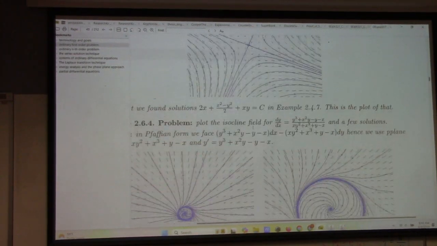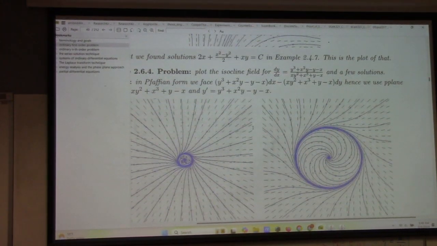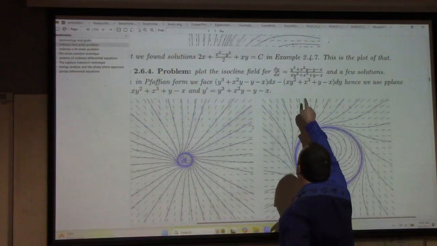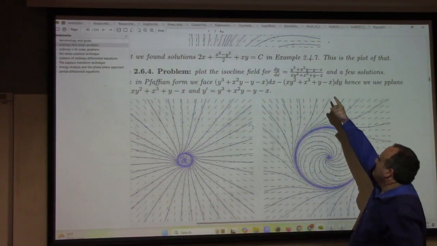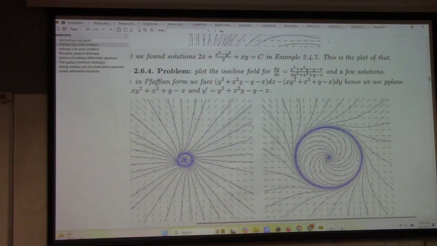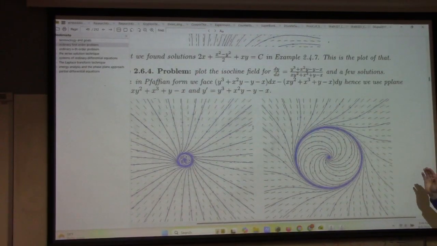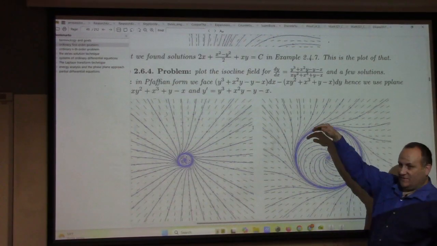And this one I like. Check this out. So here's dy dx equals x cubed plus x squared y minus x, divided by xy squared plus x cubed plus y minus x, right? And that is a differential equation that takes the unit circle as a sort of exceptional solution, right?